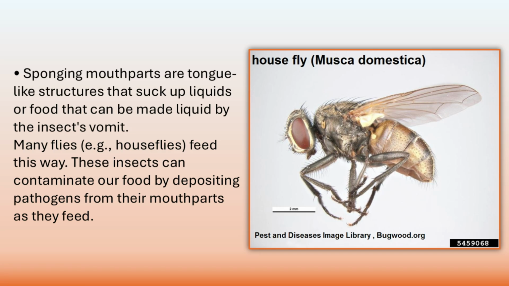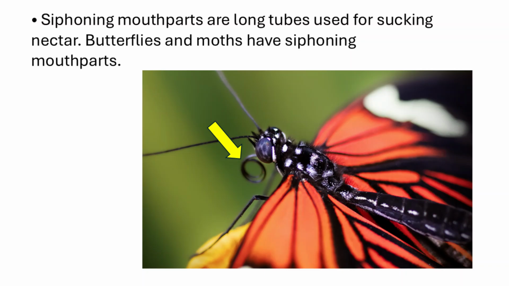Many flies, e.g. houseflies, feed this way. These insects can contaminate our food by depositing pathogens from their mouthparts as they feed. Siphoning mouthparts are long tubes used for sucking nectar. Butterflies and moths have siphoning mouthparts.